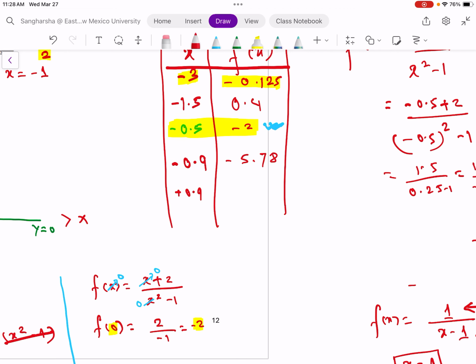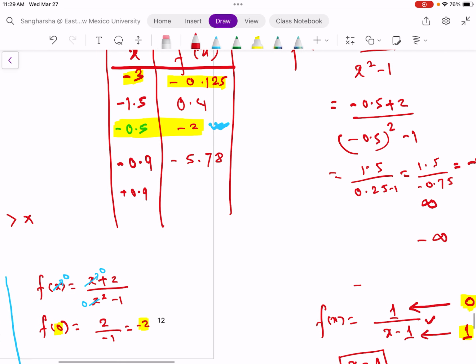When our x is 0.9, what will be our output? You substitute 0.9 for every x. Look, we should have started with a much easier rational function, okay? But once we do this one, we'll do a simpler function. Did anyone have a final answer for the output for 0.9? Anyone else?